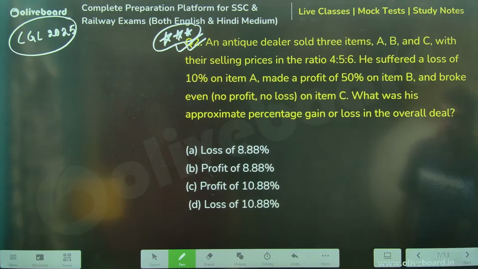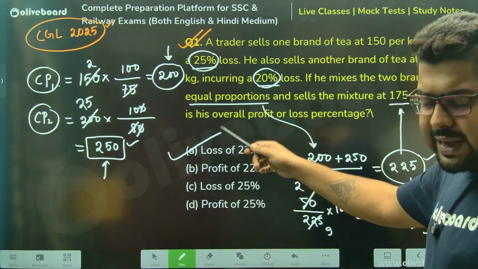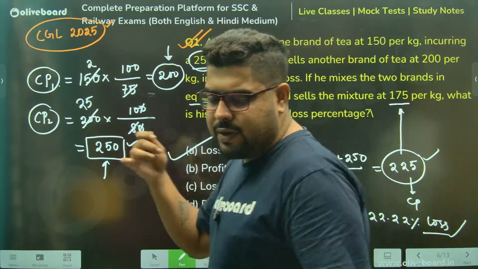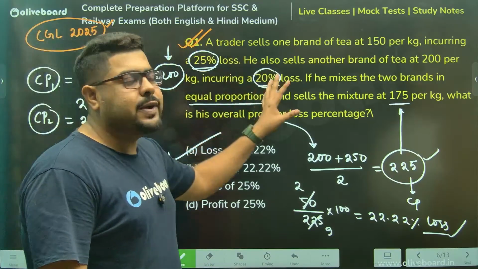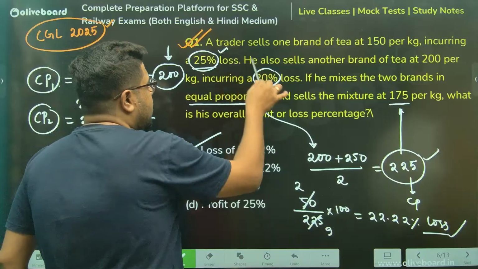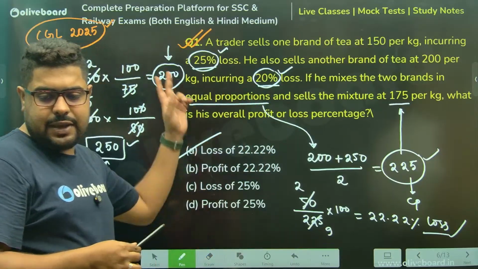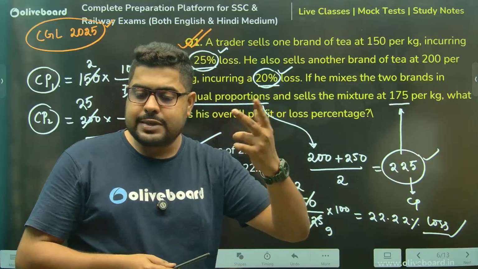Allegation for this? One second, everyone. My question is, why will you go for allegation? You cannot do it using direct allegation, because these two losses are not the same. If they were the same, you could have done it. And allegation's output is always a ratio.